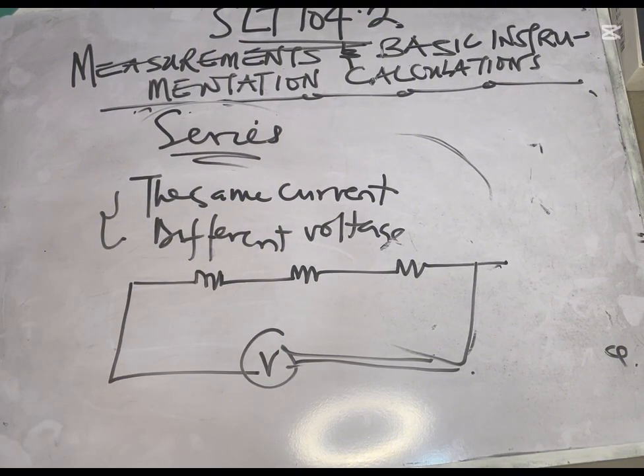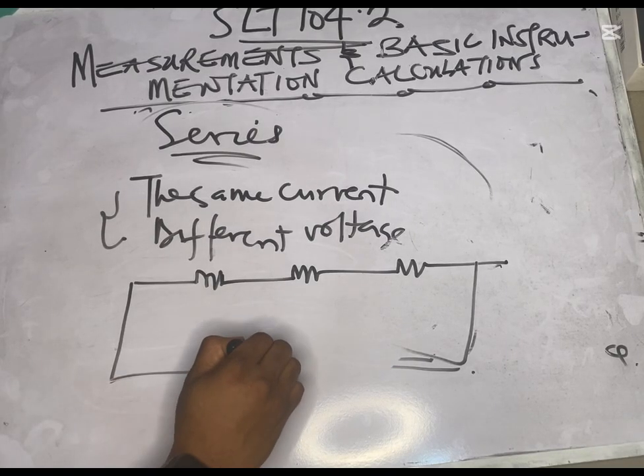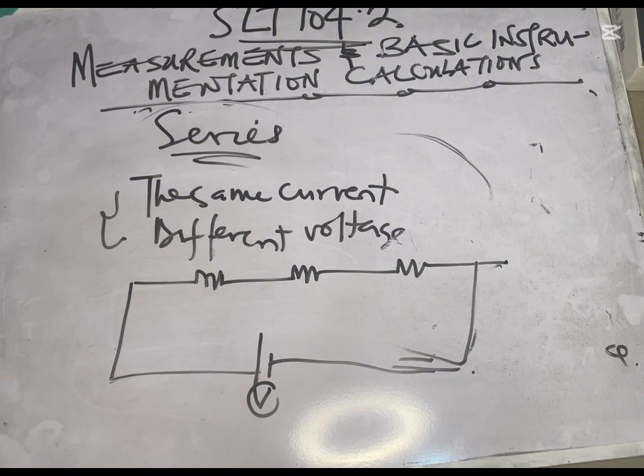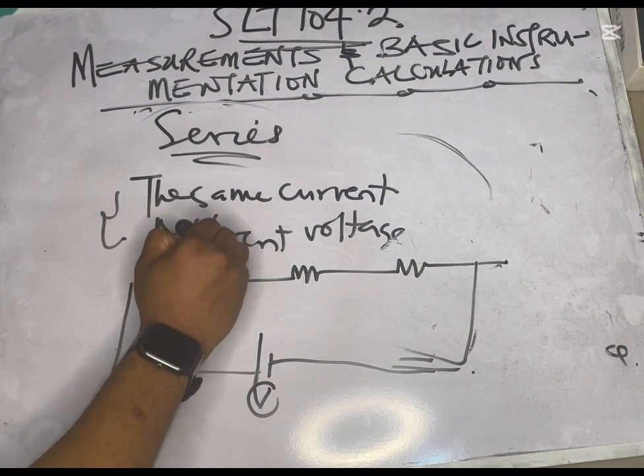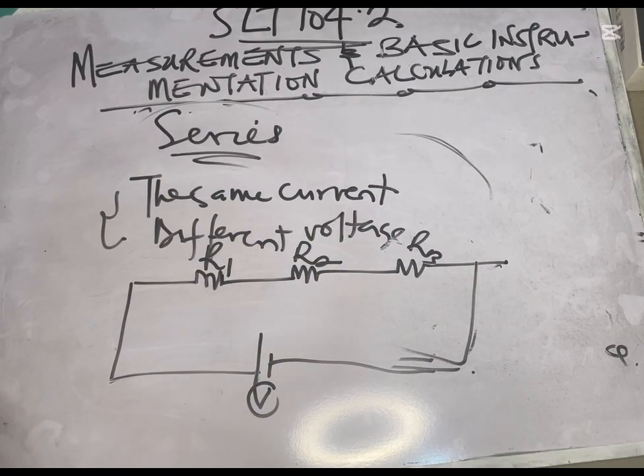Sometimes you see it drawn as a battery like this, which is your voltage as well. So it's important to understand that these resistors have the same current but different voltages, because they are connected in series.